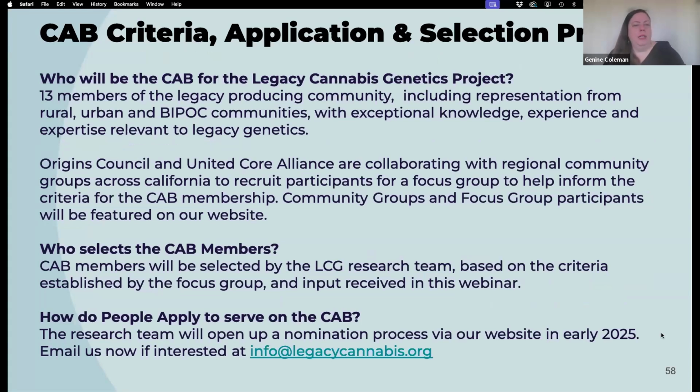So what is the criteria for the CAB and the application selection process look like? So first, our foundational criteria for the CAB is that we're seating a 13-member CAB comprised of the legacy producing community. And we want to include representation from rural, urban, and BIPOC communities. And we want to onboard folks with exceptional knowledge, experience, and expertise relevant to legacy genetics.